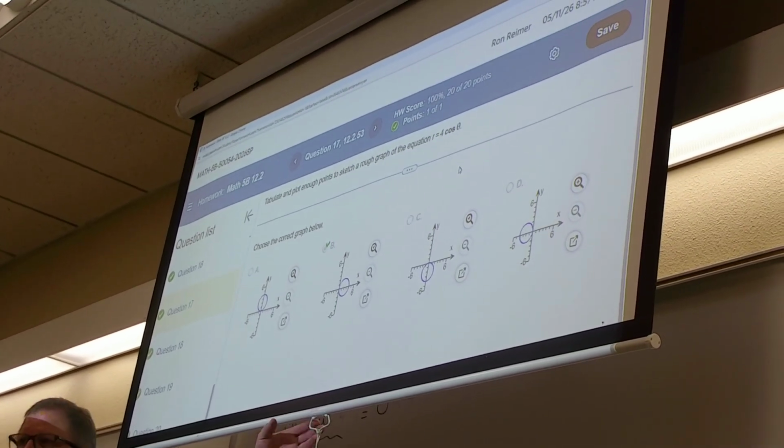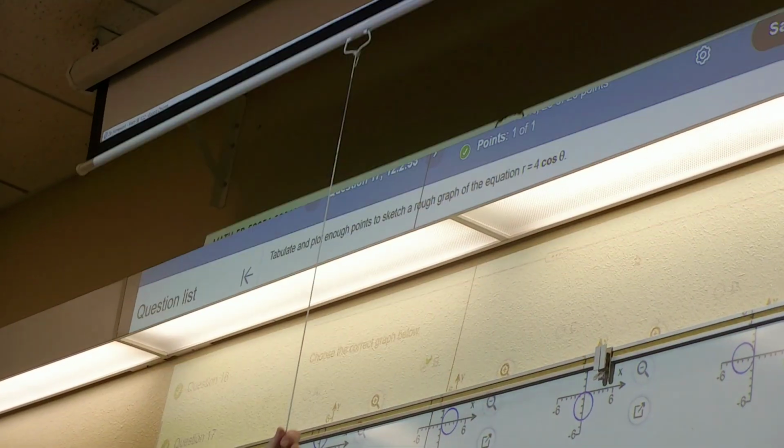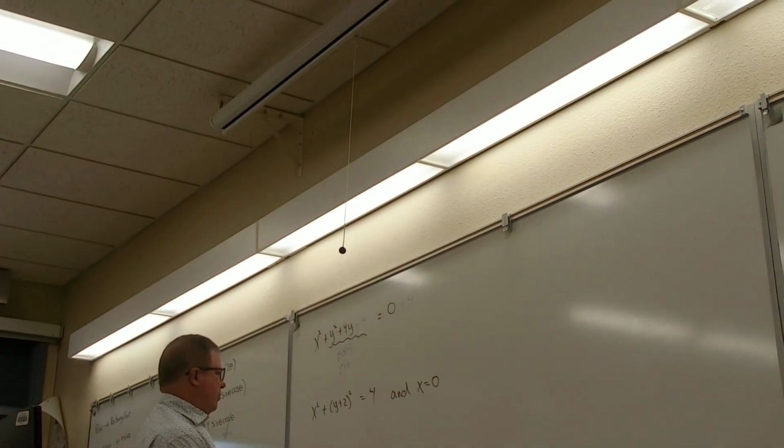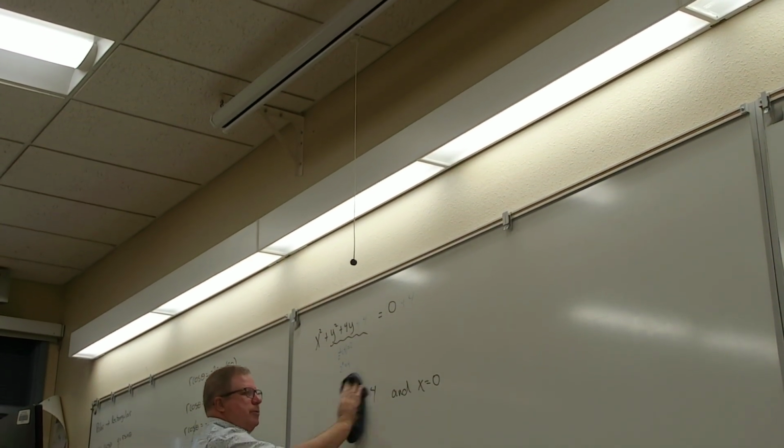Instruction left, and we have to do derivatives and integrals on this thing. I'm not going to push this real hard.